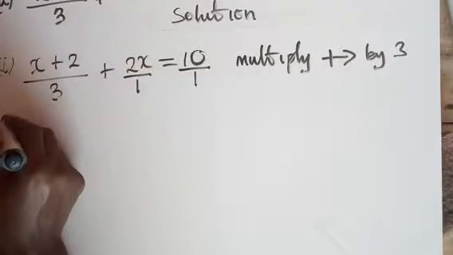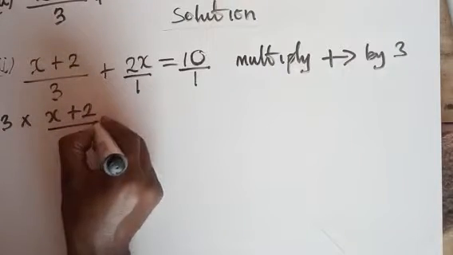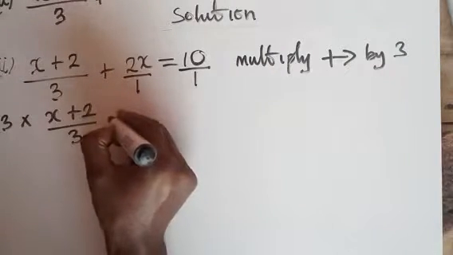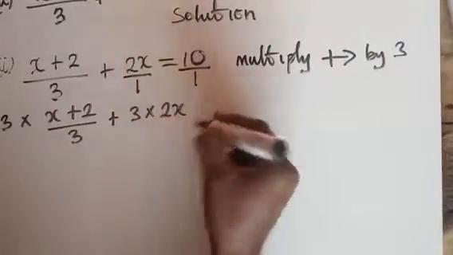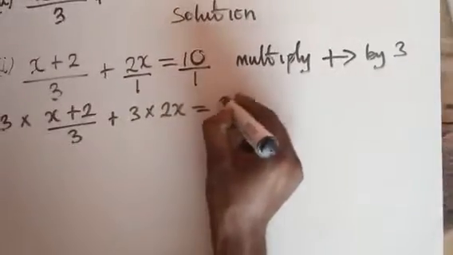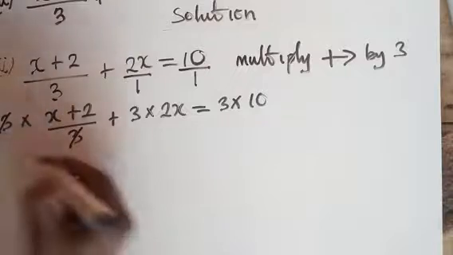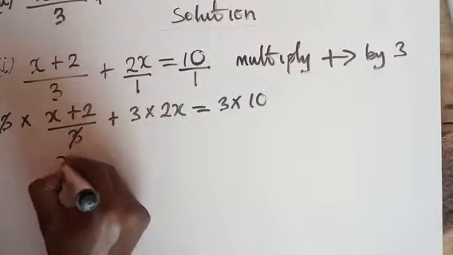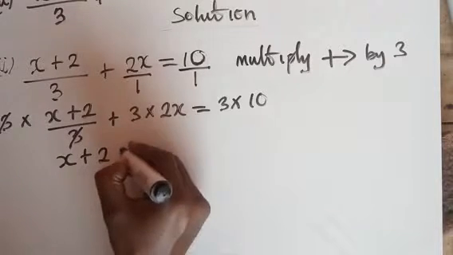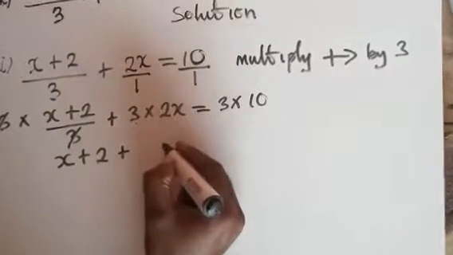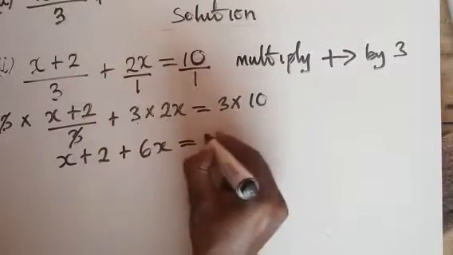So I have 3 times (x plus 2) all over 3, plus 3 times 2x over 1, equals 3 times 10. In that case, 3 will cancel 3. I'm left with x plus 2 plus 2 times 3x, which gives me 6x, equals 30.